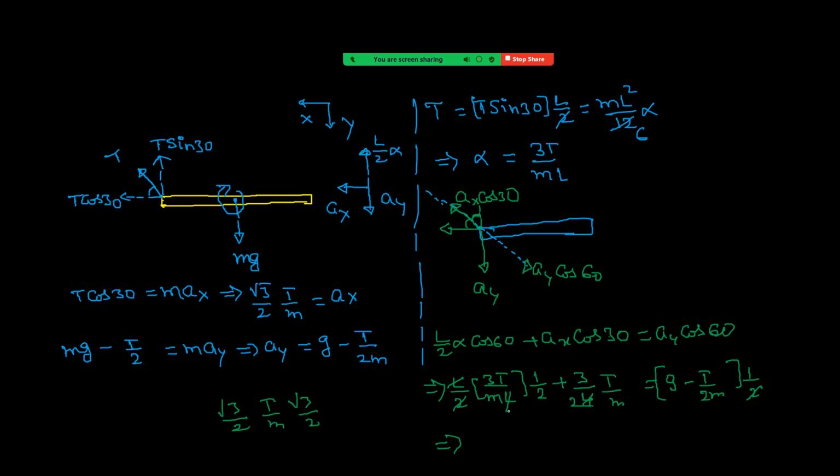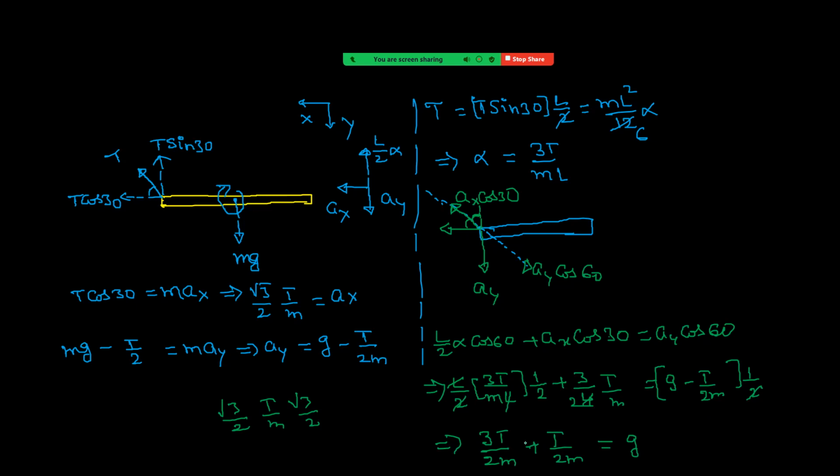Remaining part is 3T by 2, and this also 3T by 2, plus T by 2m plus T by 2m, that is equal to g.